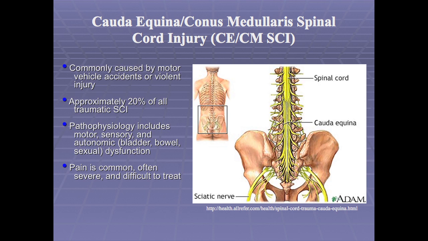So the functions that are affected with these injuries are especially the lower extremities: leg weakness, numbness of the lower part of the body, and also bladder, bowel, and sexual functions are affected by these injuries. And in addition to the absence of function, there is commonly also development of pain after injuries to these regions.